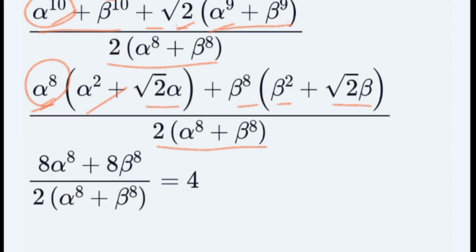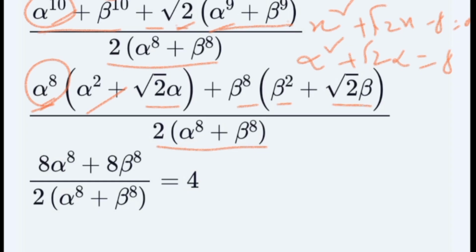Now what is the equation? Here x square plus root 2 x minus 8 is equal to 0. So alpha is a root: alpha square plus root 2 alpha is equal to 8. Beta is also a root: beta square plus root 2 beta is equal to 8. So this value is 8, this value is 8.